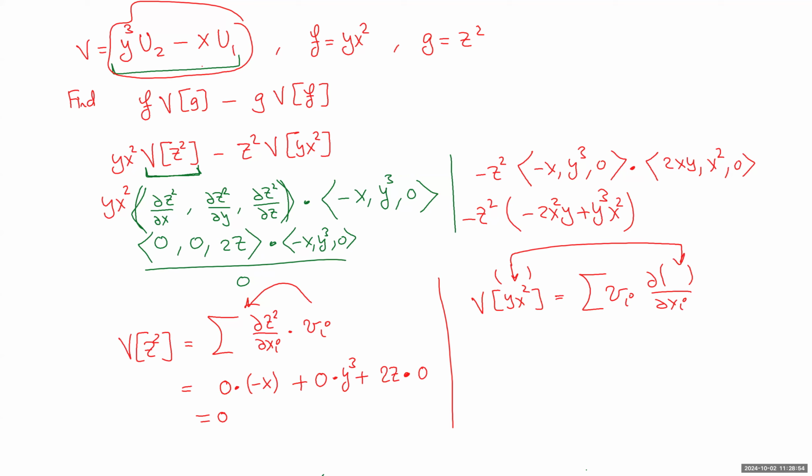So what's going to be? We have v1 again is negative x. We multiply that with the derivative with respect to x, which is 2xy. Then it's going to be plus y cubed. We derive this with respect to y. Lastly, it's 0 times 0. And we will end up with that.